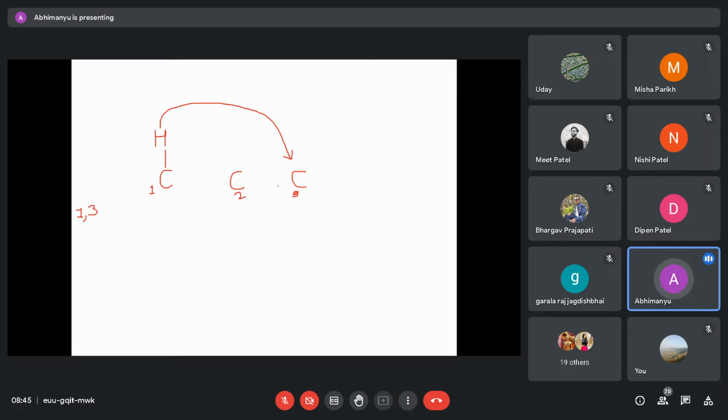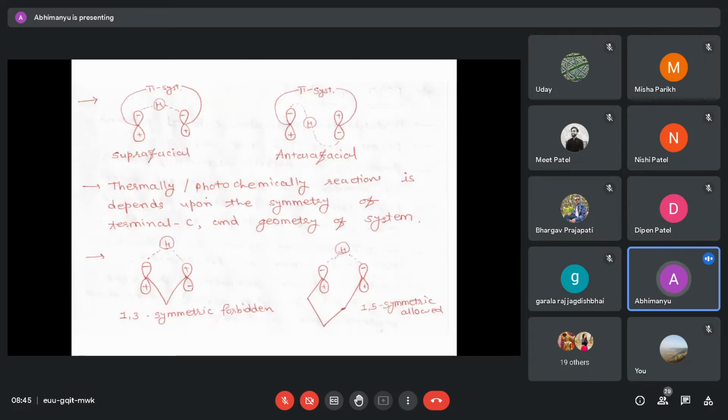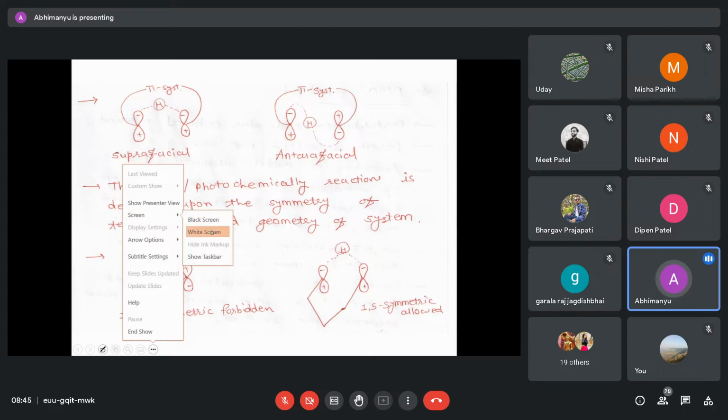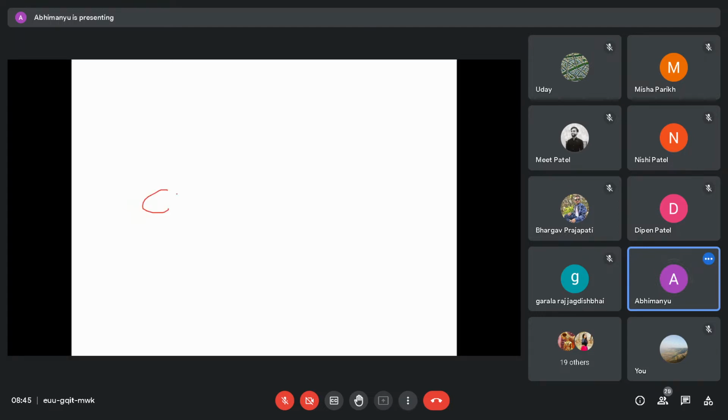But it is possible if the double bond is present between carbon number 1 and carbon number 2. Again, I repeat.